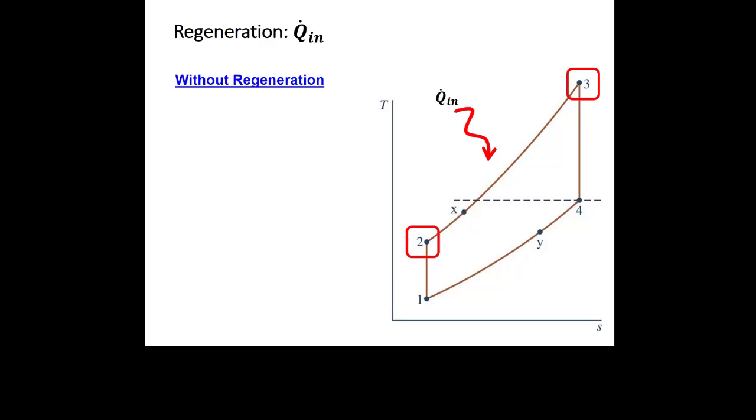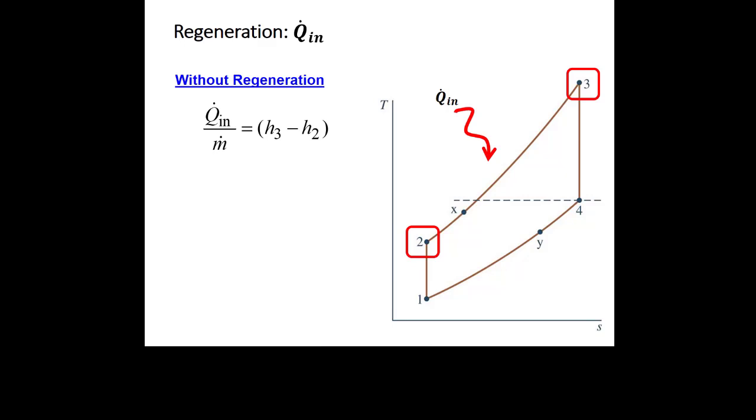Now, without regeneration, we would have had to add heat all the way from state 2 to state 3. Right? So my heat transfer in would be m dot times h out minus h in, or heat rate in divided by mass flow rate is going to be h3 minus h2.